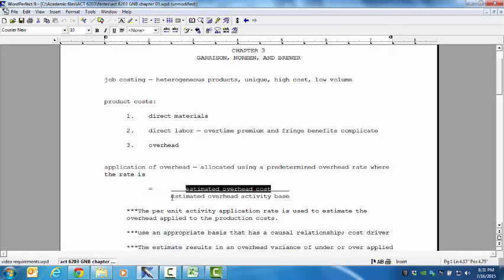And then you're going to divide it by some estimated overhead activity base. Now, you need to make sure that whatever basis you use has good causality with how the overhead costs are being attributed to the product or service. For example, if I'm a highly labor-driven operation, then I need to use a labor basis for my overhead.